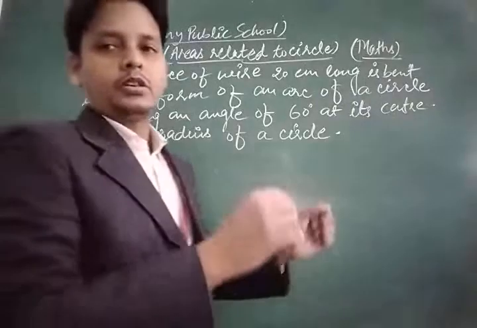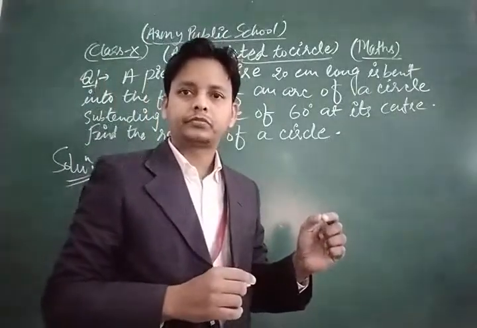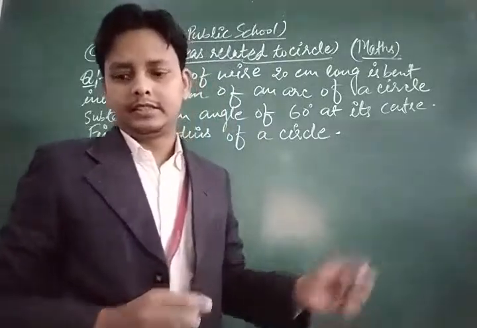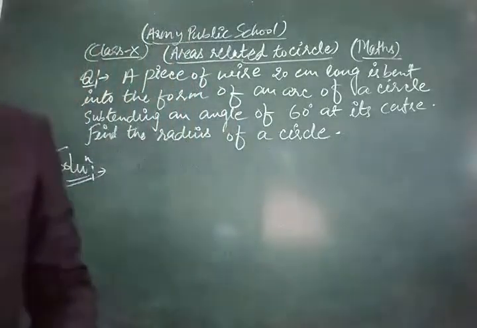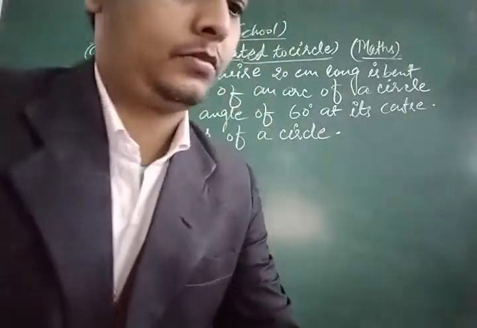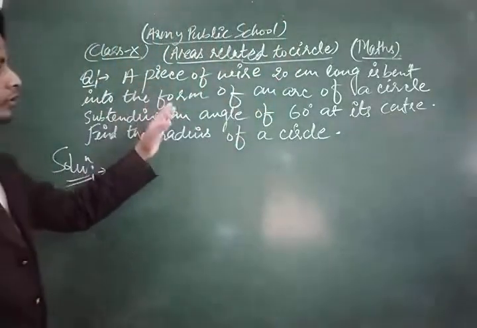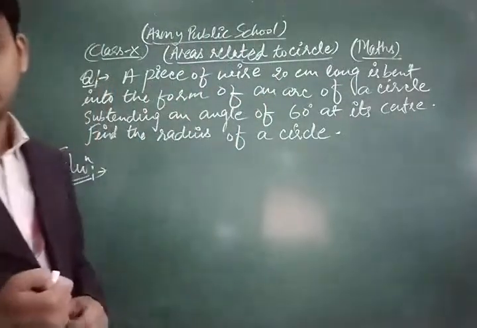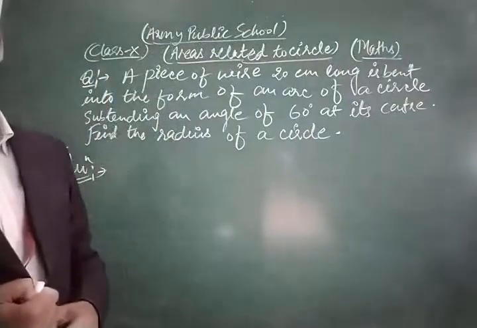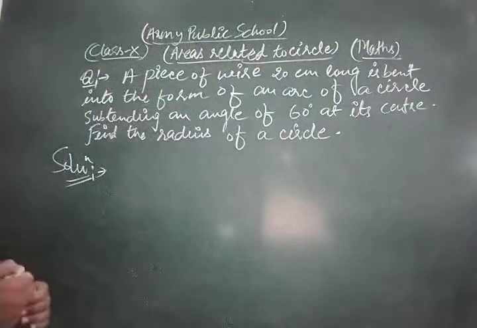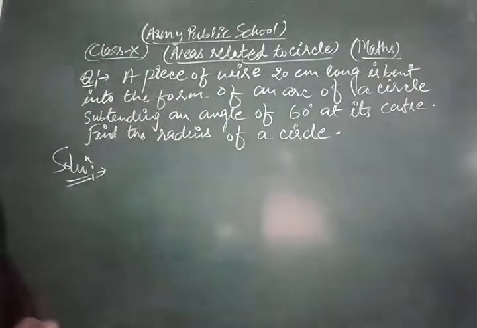Look, dear friend, this is a very important question, one of the most important questions of your syllabus. Let's see its solution. A piece of wire 20 centimeter long is bent into the form of an arc of a circle.